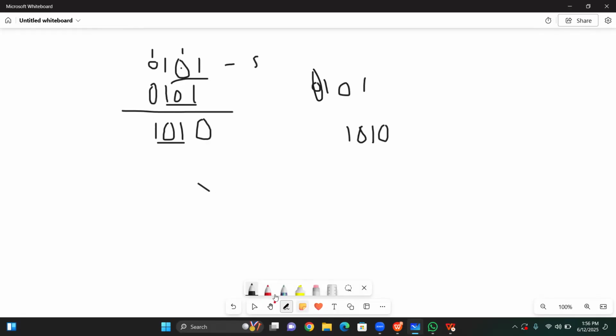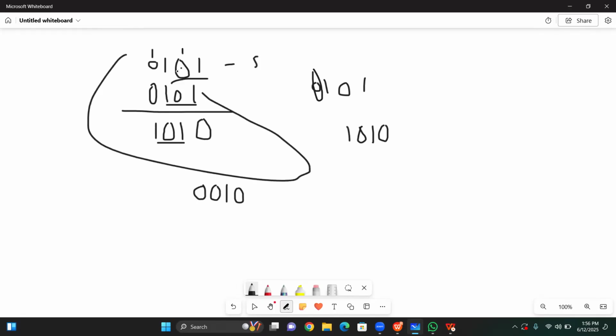So if I have something like 0 0 1 0, now this is 2, the binary for 2. Now, if I want to say 2 plus 2, I don't have to do all these things. I can just shift the bit. Do you understand?